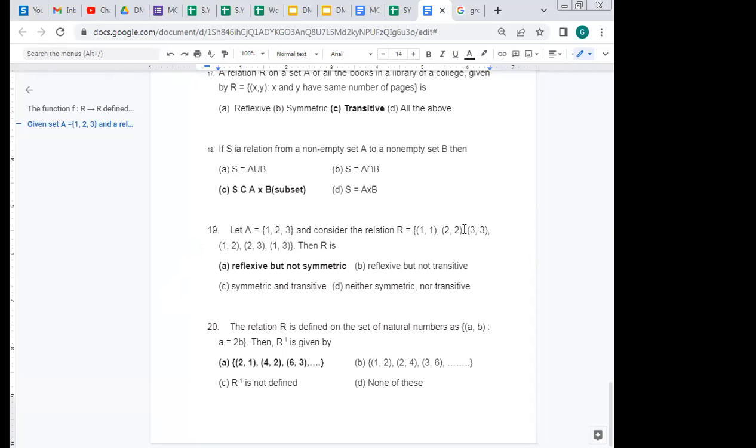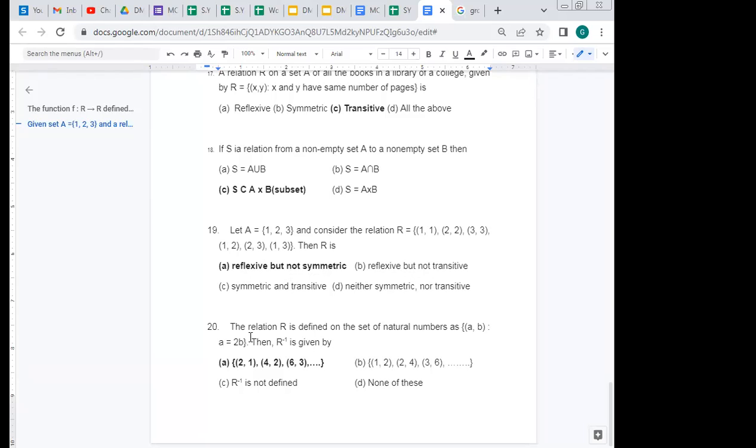As this has (1,1),(2,2),(3,3), it is reflexive, but it is not symmetric. (1,2),(2,3) and (1,3) are there, so it is transitive, but reflexive and transitive is not the option. So this one is the correct option, reflexive but not symmetric.